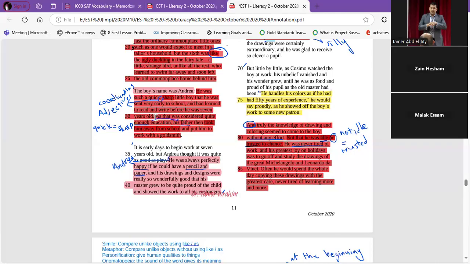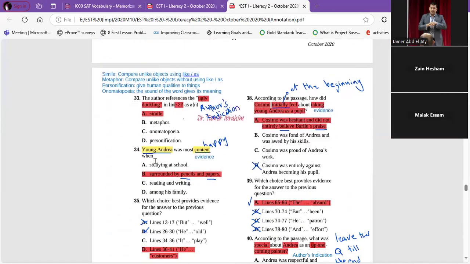So we need to take a sentence before. We can't, because those were included in the evidence before. So let's read. As that was considered quite enough education, his father then took him away from school and put him to work with a goldsmith. It's early days to begin work at 7 years old, but Andrea thought it was quite as good as play. He didn't say that he was content or happy.